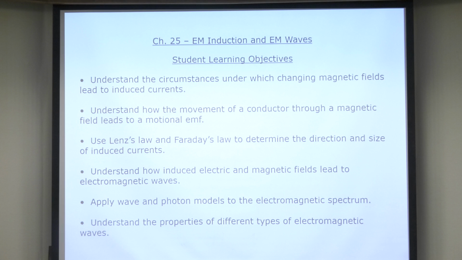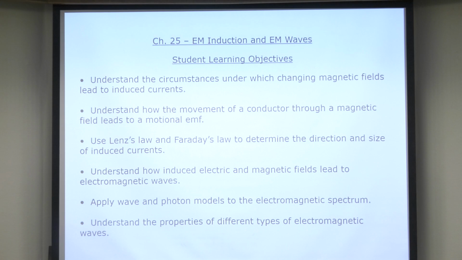Okay, let's just review what we learned in this chapter. So this was about induction and a little bit about electromagnetic waves. We learned the circumstances under which changing magnetic fields lead to induced currents. So we did two situations. We had a coil of wire and we moved the magnet, or you could keep the magnet stationary and move the wire.